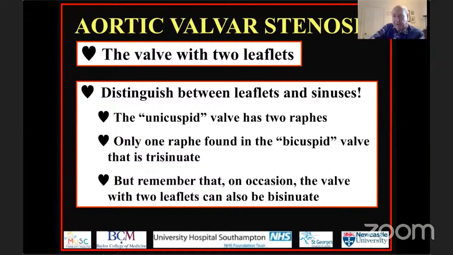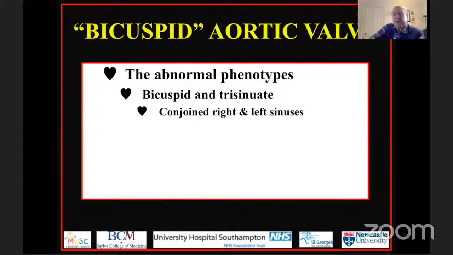But what I'm also going to emphasize is that in some instances, the valve with two leaflets can also be bisinuate. So one of the things we should be discussing is the abnormal phenotypes we see in the setting of the so-called bicuspid aortic valve.